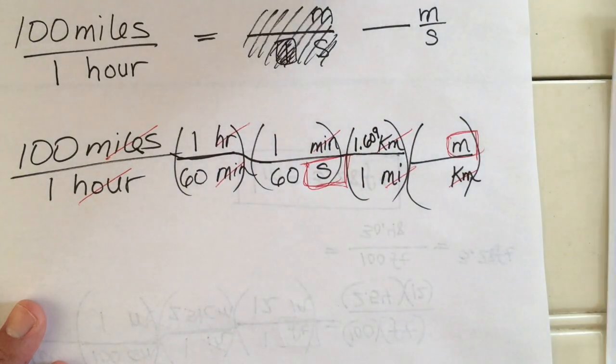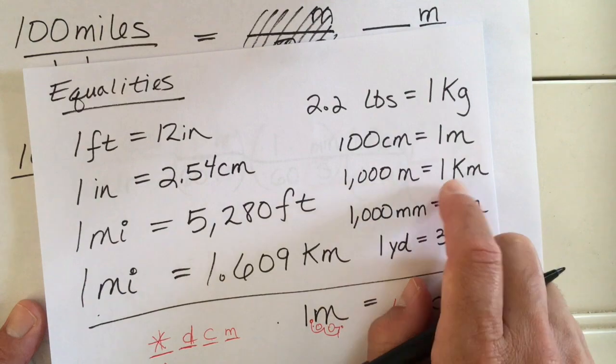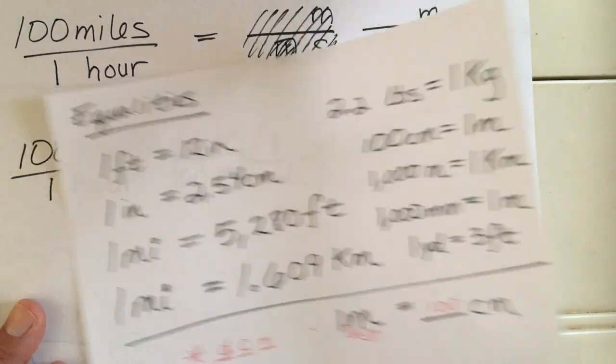And with the other one, it looks like the 1,000 went with meters and the 1 goes with kilometers.